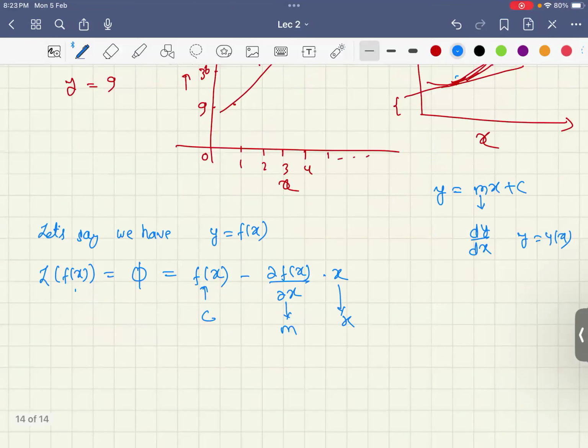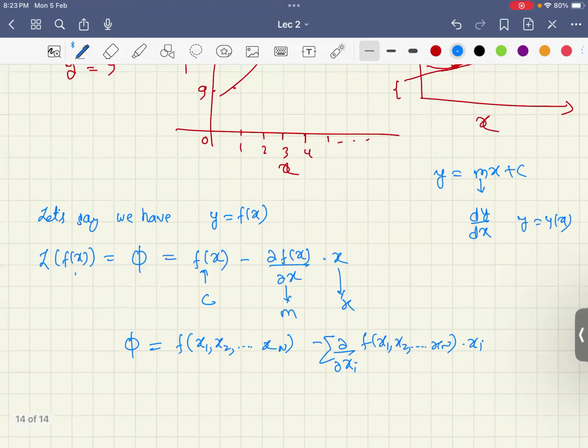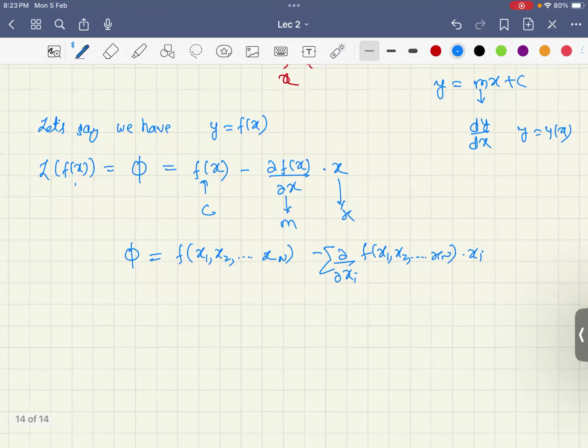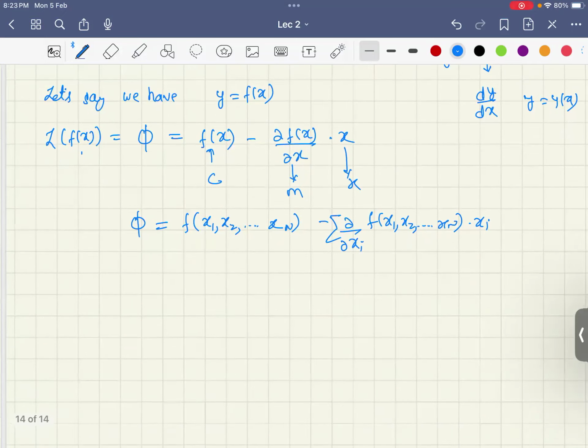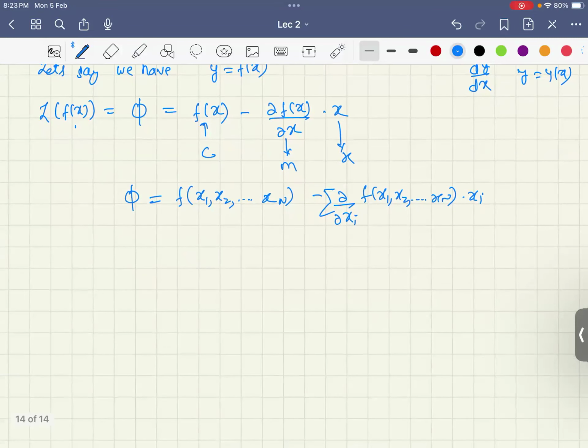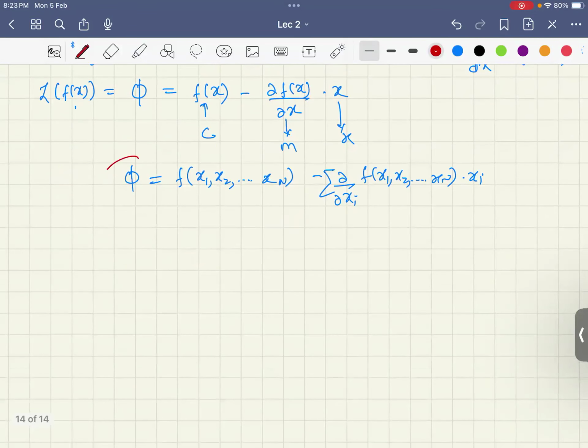Now if there are multiple variables, x1, x2, up to xn, then psi equals f of x1, x2, up to xn minus dou by dou xi of f multiplied by xi, with a summation over i. I know this will look very abstract, but it will get clear when we solve the problem. So you just remember this.